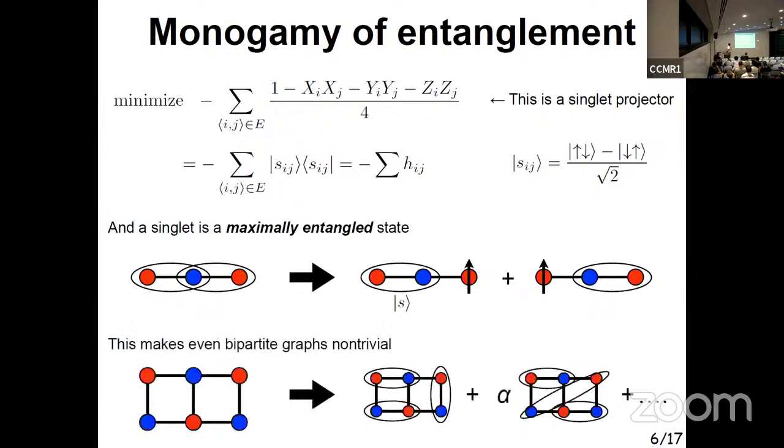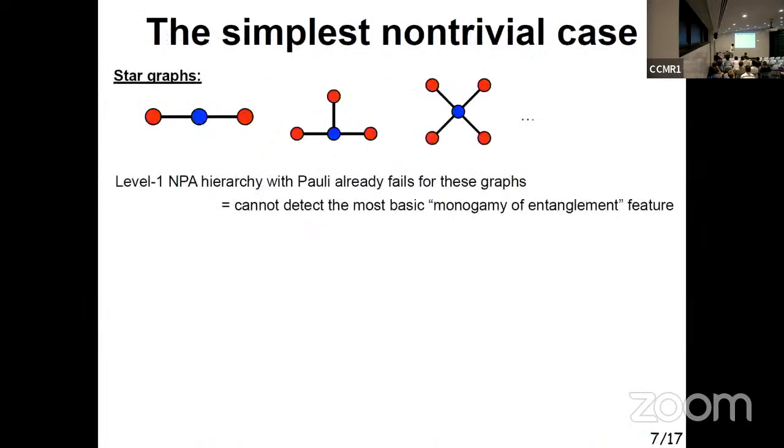This leads to the non-triviality of this problem, even when the graph is bipartite, because you can have singlet pairs between qubits that are not even connected directly on the graph, with a non-trivial coefficient. I'm stressing this point because for bipartite graphs in the classical case, the problem becomes trivial. So the problem is non-trivial for the quantum case, even on bipartite graphs. That's one big difference in the quantum case.